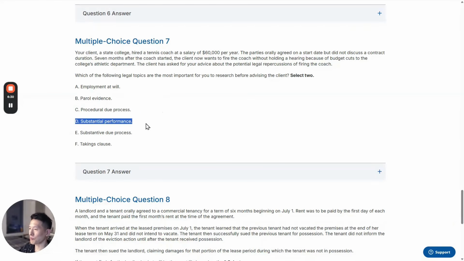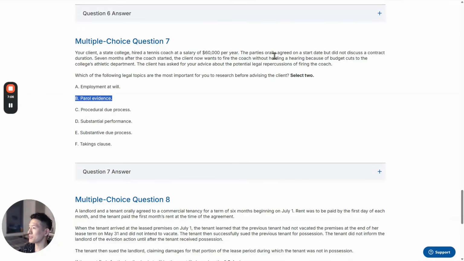Performance is not really relevant. There's no indication that the coach failed to perform his duties. This talks about due process, but this is about substantive due process, which involves personal rights. Employment is not a protected right, like race or gender, some of the classic ones. There's no takings issue here.